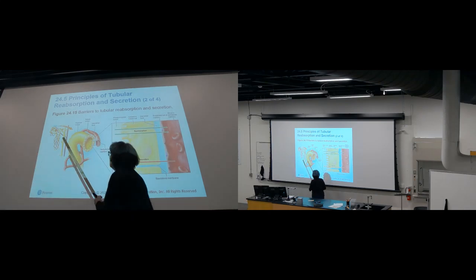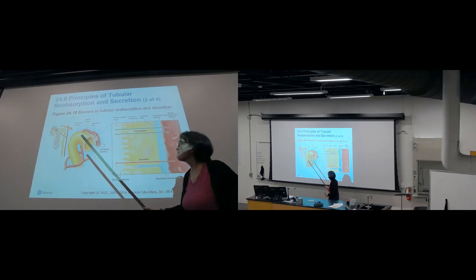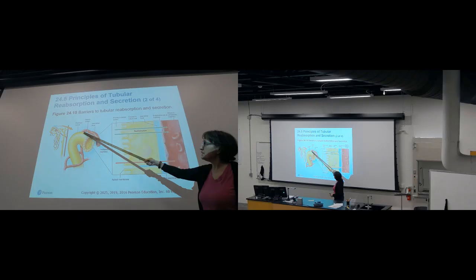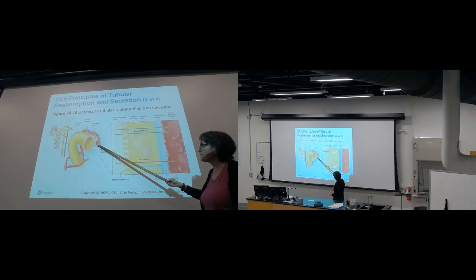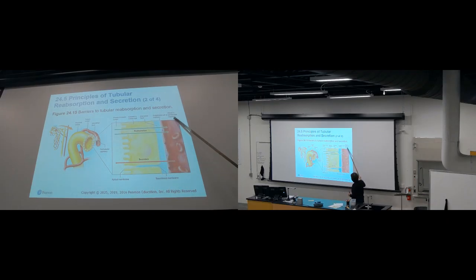Okay, so now, if you magnify this part in here, you can see this proximal tubule, and then you have here this peritubular capillary. And then if you magnify these two parts together, you can see here this peritubular capillary, the basal side of these cells of this proximal convoluted tubule, and then the interstitial space. So we have two routes.